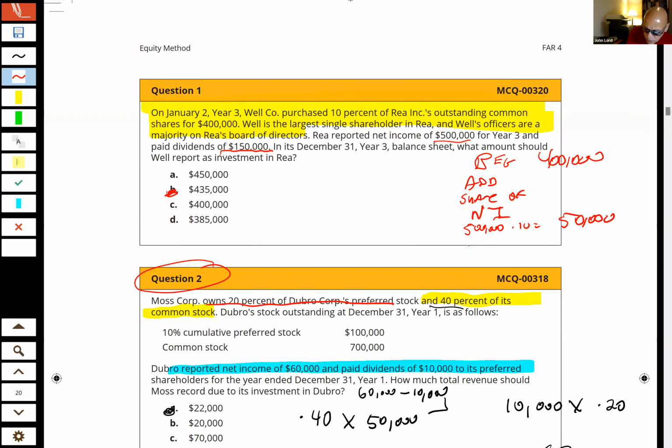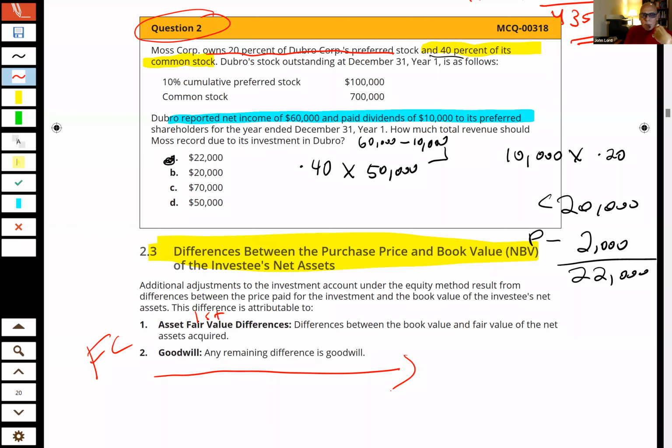So the question would say to you, what's the implied goodwill? What is the amount of goodwill? If the question says, what is the amount of goodwill to be reported? The answer is 0. Goodwill is only reported on consolidated financial statements. So there would be no goodwill reported anywhere.